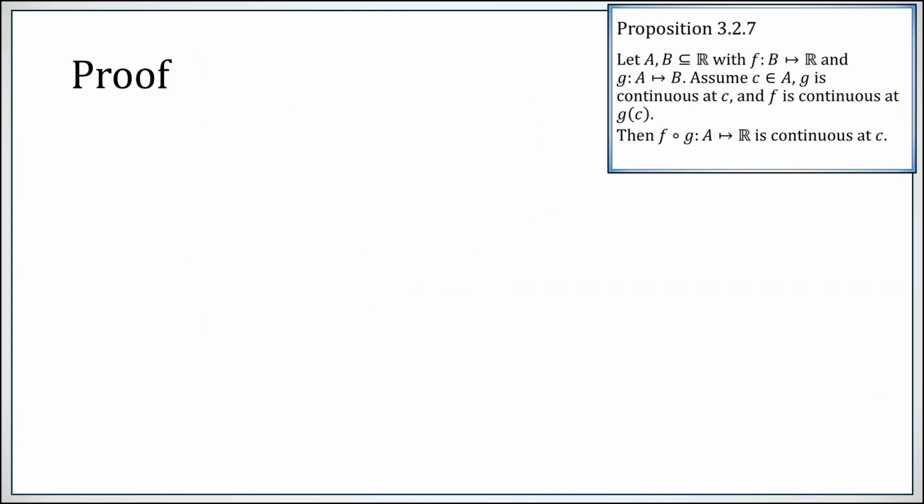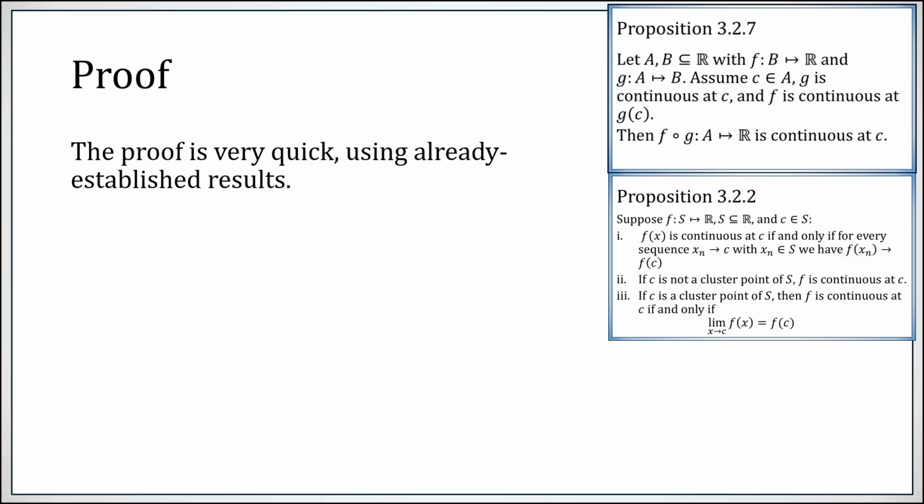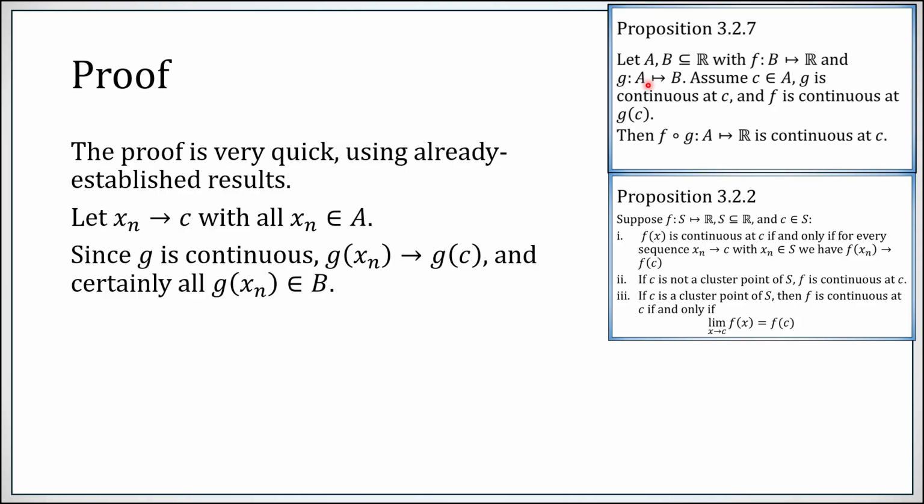Proof of this proposition is actually pretty fast using results we already have. Specifically, we're going to use this previous proposition, 3.2.2. We're going to let xn approach c, all living in the domain of g. Now, g is continuous at c, so since xn is approaching c within its domain, g of xn must approach g of c.